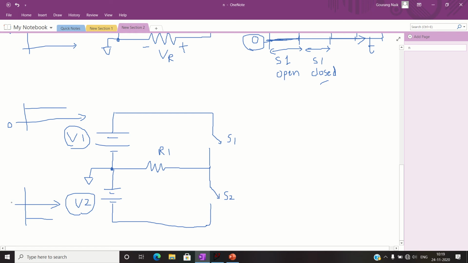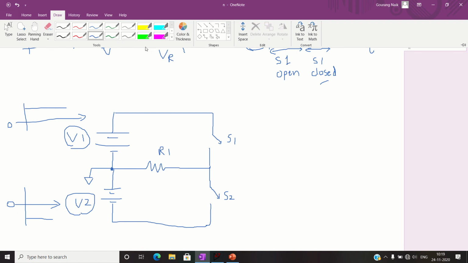So that is one thing you have to observe. The next is the direction of the current. I will just use the color.